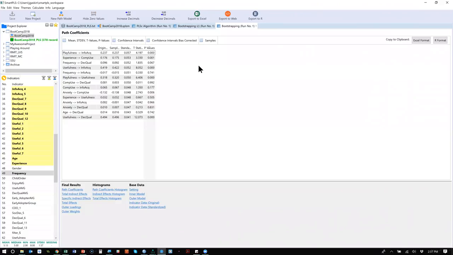Oh, the arrows, yeah, showing the right direction. Unlike the Amos output, which shows arrows moving from right to left, this one is moving from left to right. A lot of people don't pick up on that little nuance.